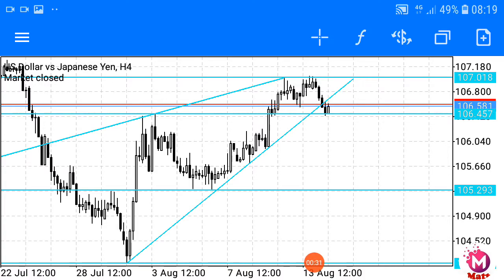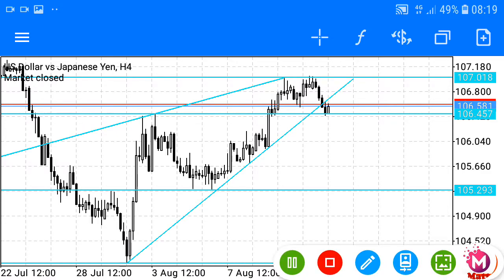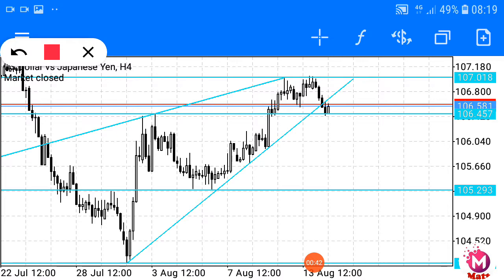Okay, so first I have to explain why I connected these lines, in case someone needs to learn more about drawing trend lines. I'm going to talk about the first trend line, which is the upper trend line that we have, which is acting as our support area.